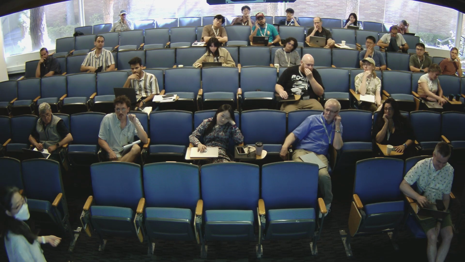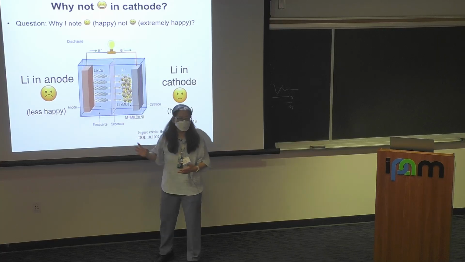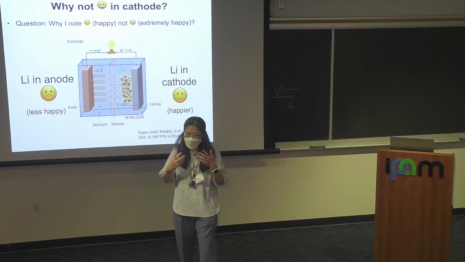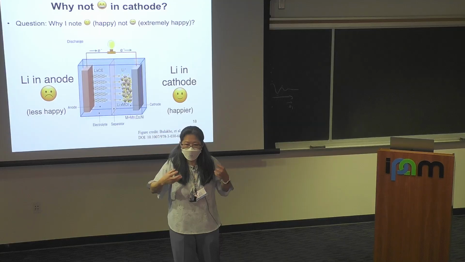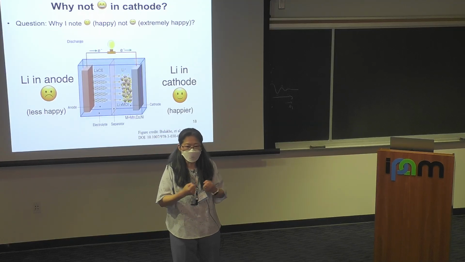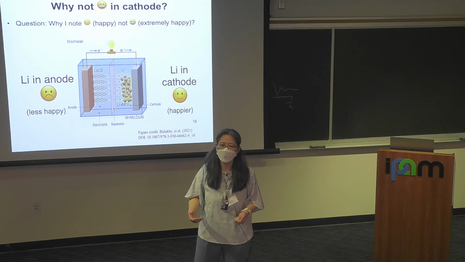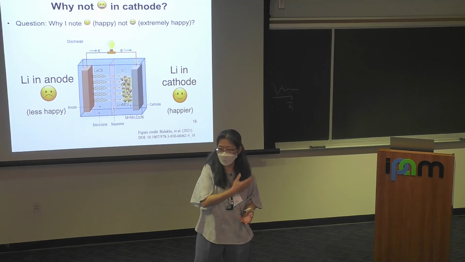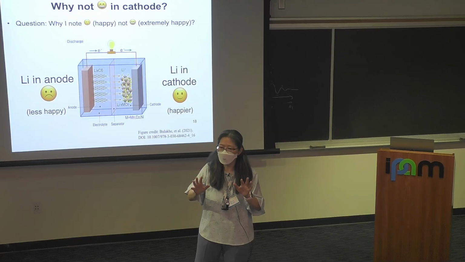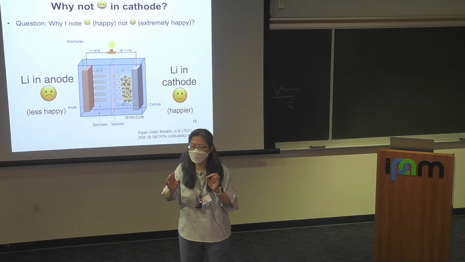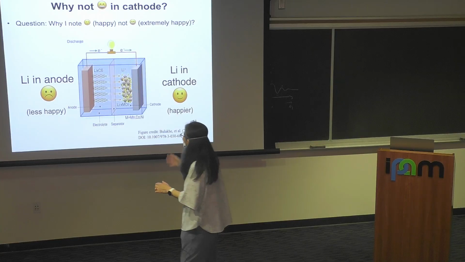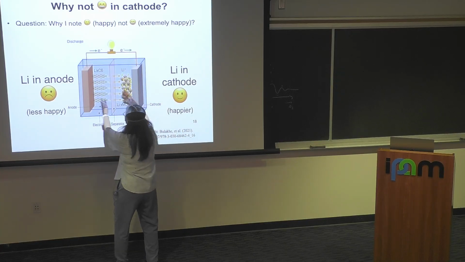If this is so happy over here, with really low energy, it means it would be more bound, more stable. To break that bond, you'd have to put a lot of energy in to get it out, and you don't want that. You want to do this as energy efficiently as possible to get the lithium from here to there.